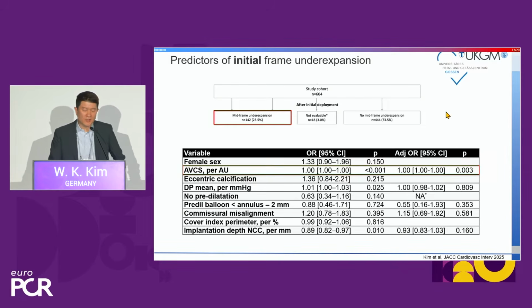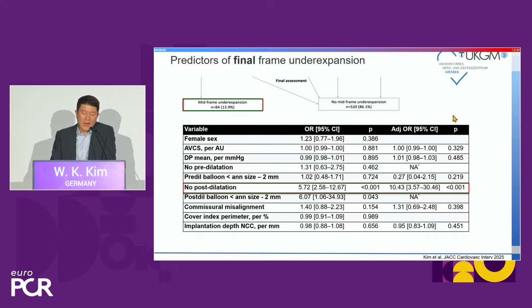We also looked at predictors of initial midframe underexpansion, and again, initial midframe underexpansion was after initial deployment, step 2, before post-dilatation, and the only predictor of initial midframe underexpansion was, and this is what we would expect, the degree of calcification, and this is similar to what we saw in the IDE trial. Now, after taking into consideration post-dilatation, there was a difference.